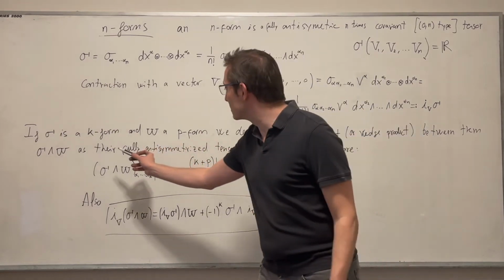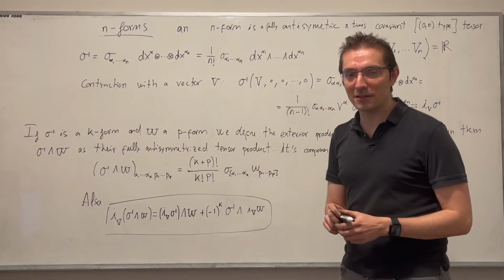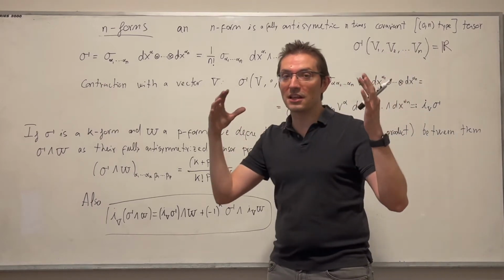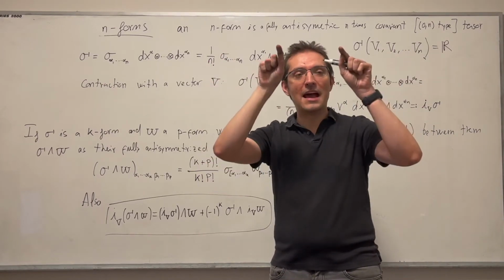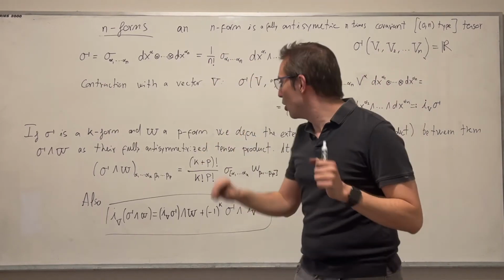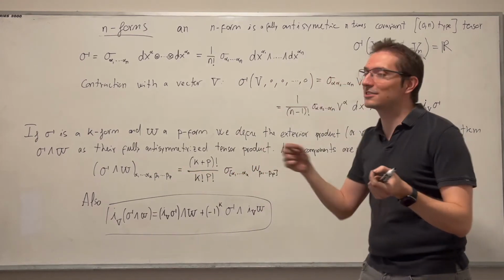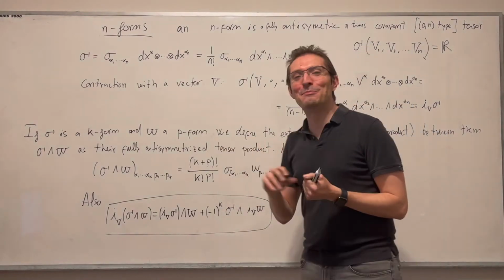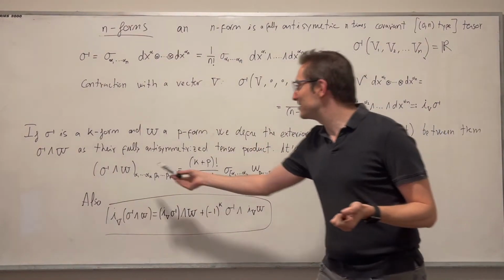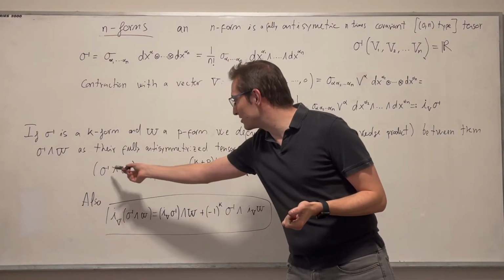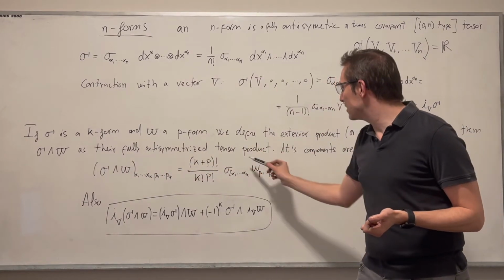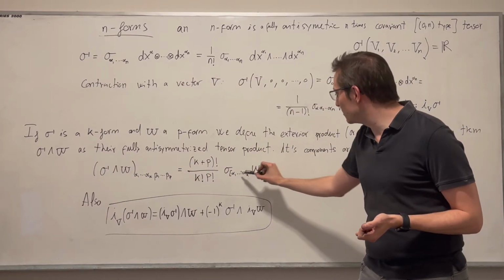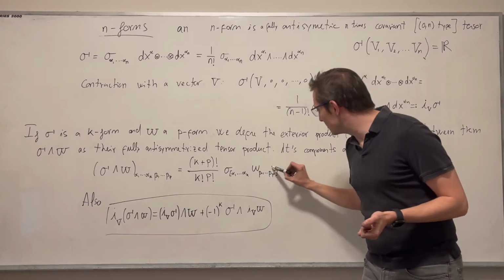So knowing that it is the fully antisymmetrized tensor product, take the tensor product that we saw in the previous video, and then antisymmetrize all the indices, all of them, and then you get this. It's an exercise on combinatorics and index notation. So try it, please, and if you have questions, do ask me. These are the components of the exterior product of sigma and omega as a function of the components of sigma and omega. See the full antisymmetrization here.